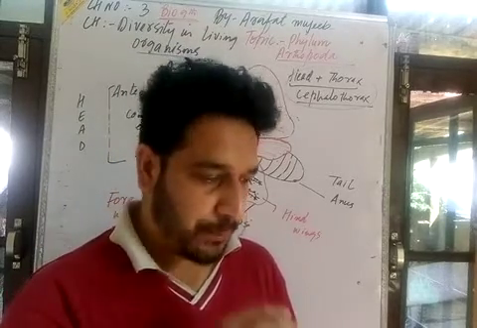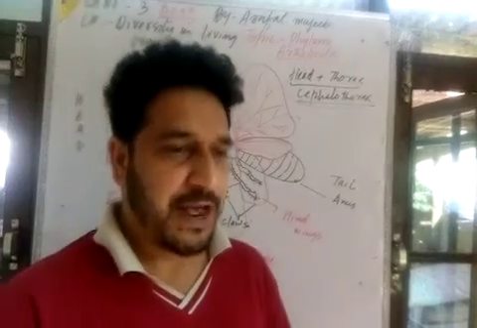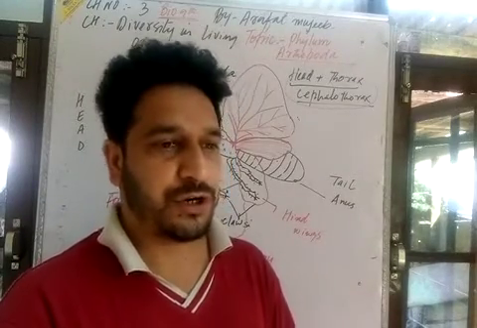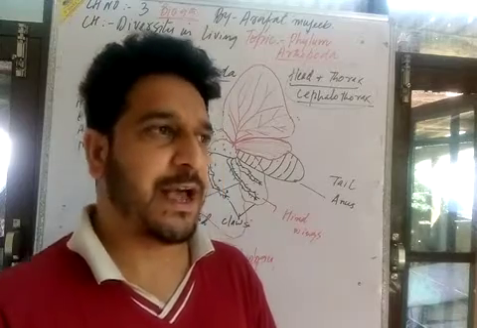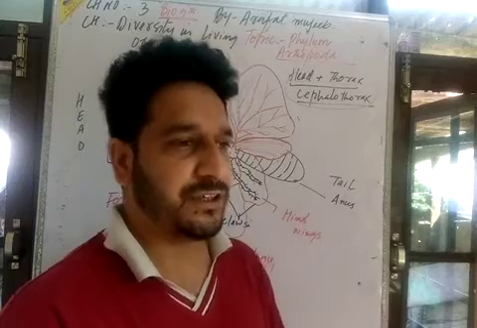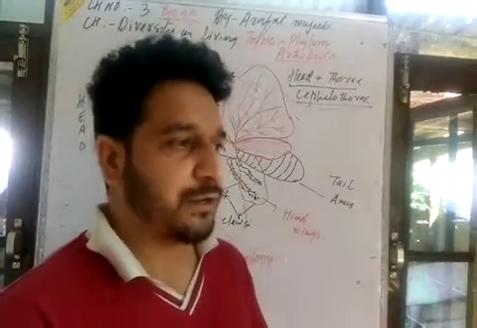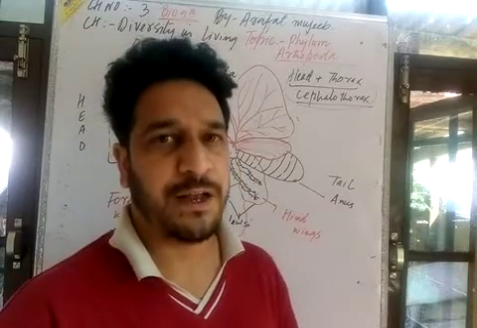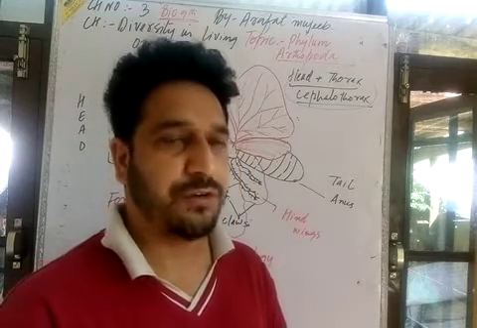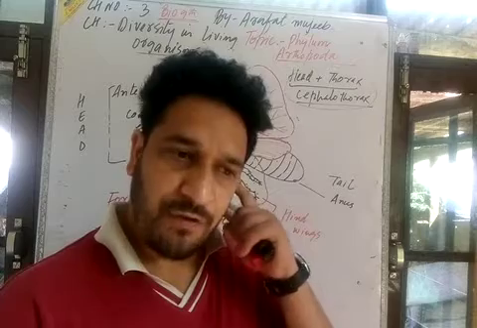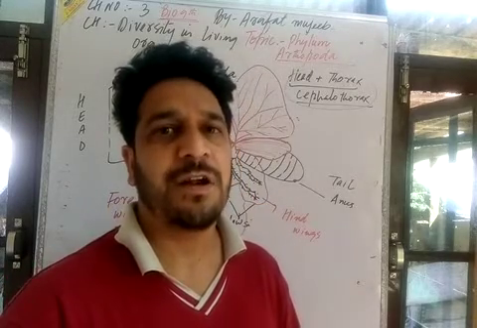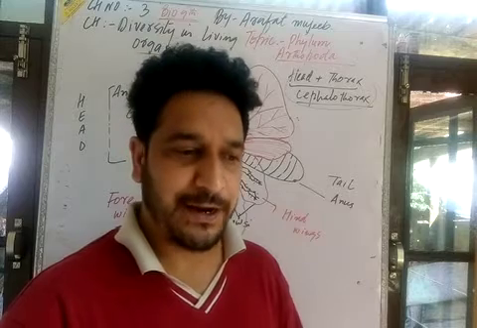Now, before I state the general characteristics associated with this phylum, and the 5 classes as far as classification is concerned, I will tell you the 5 classes of the phylum Arthropoda and the general features. Let us first have a look at the external morphology of an insect.